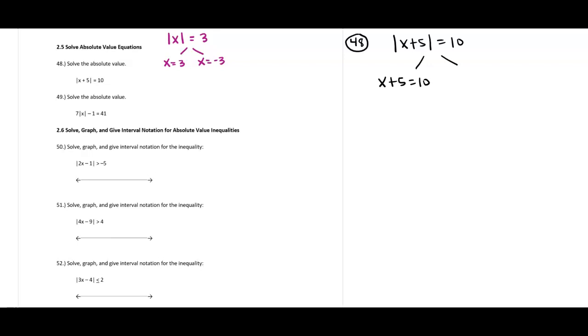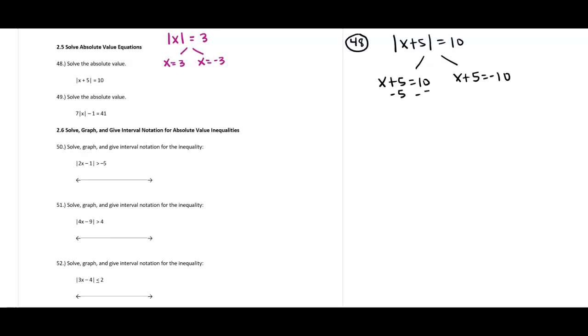But then the second one, we need to make one side of the equation negative because I need to look at that other possible option there of something negative. The absolute value of a negative number will still give us that. All right, so I'll have x plus 5 equals negative 10. And so now these are our 2 equations that we need to solve.